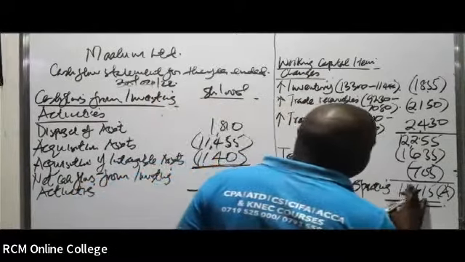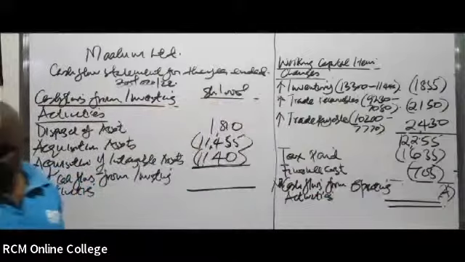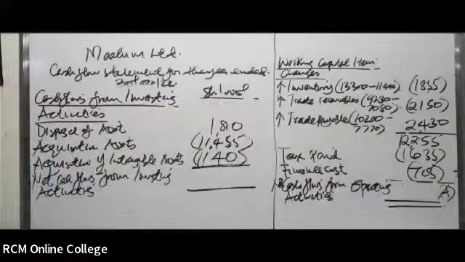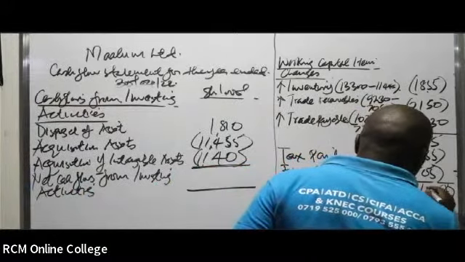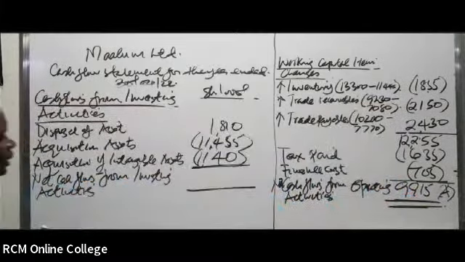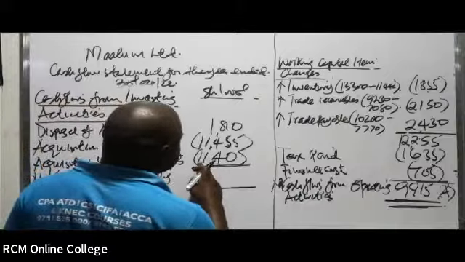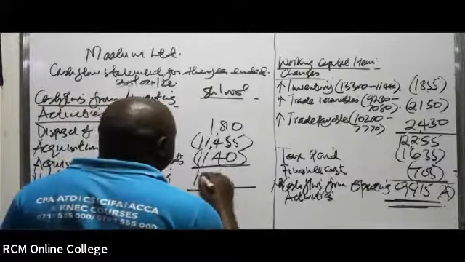Then you need to correct this one, and it is coming to 9915. What about this one? 1810 minus 11,455 minus 1140. You're getting 10,785.